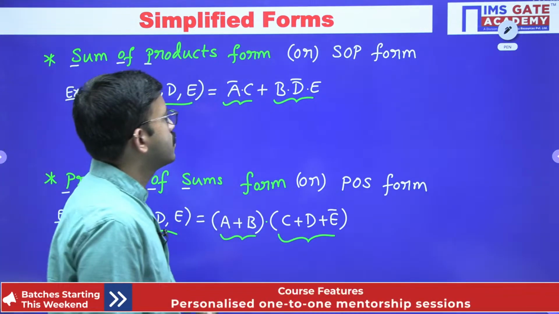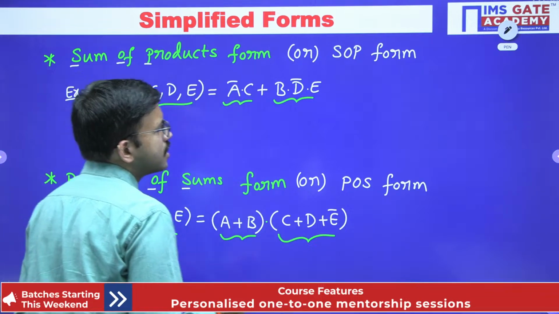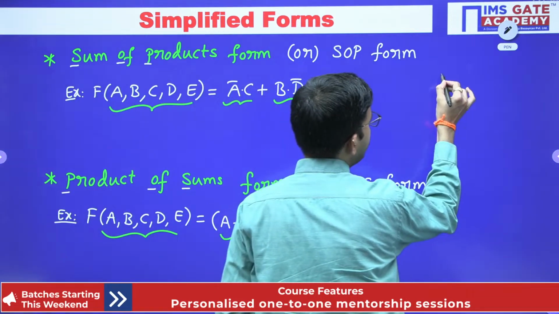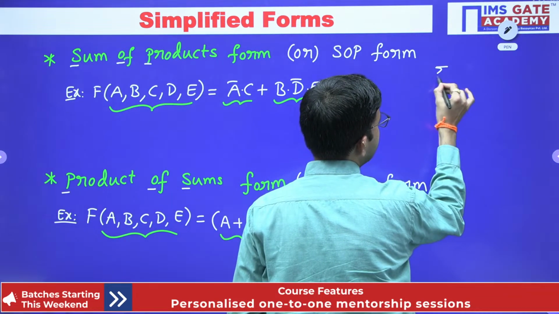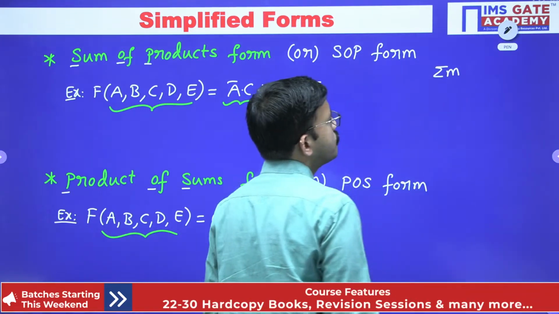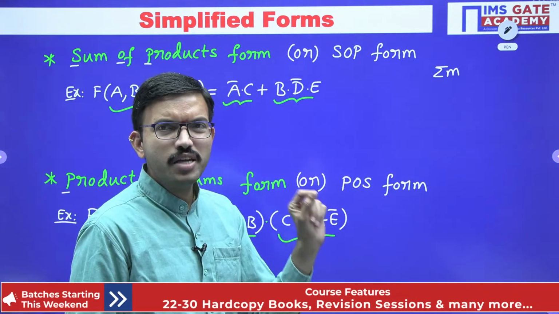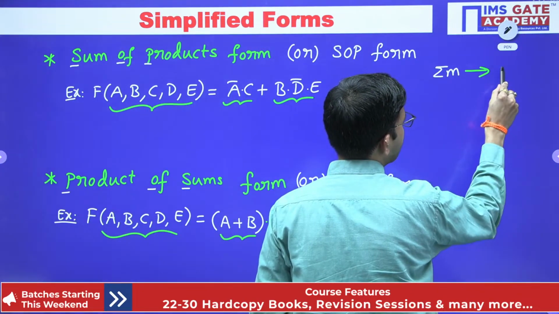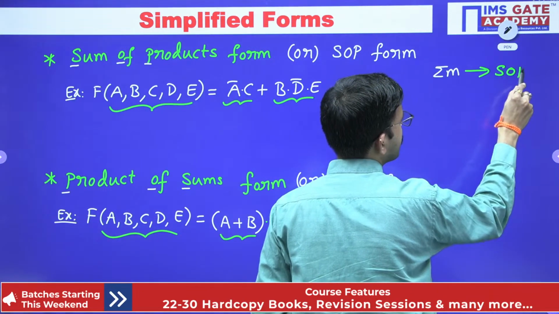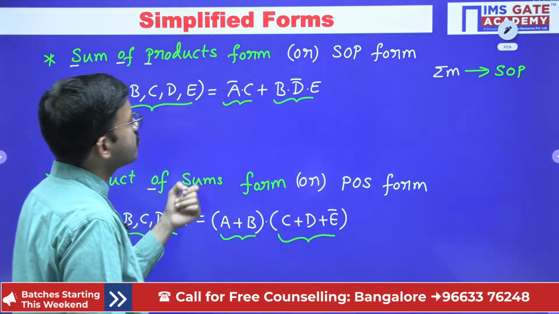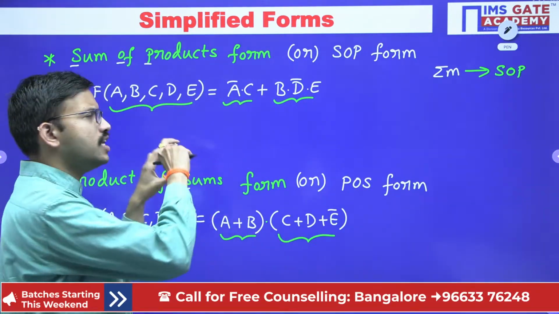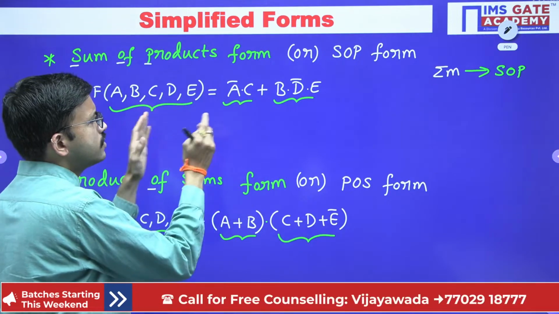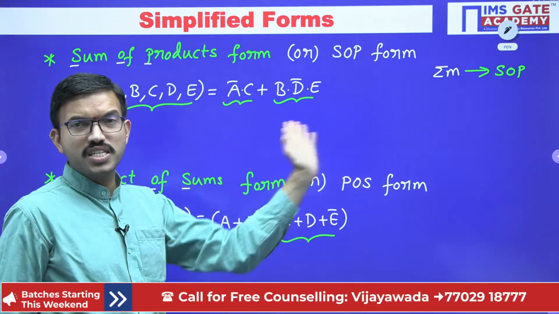So in general, whenever from the truth table you write the output variable in sigma m form, after doing the simplification you will get SOP. Say for example, initially you have 5 min terms.